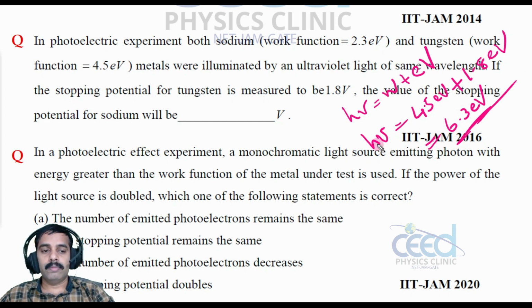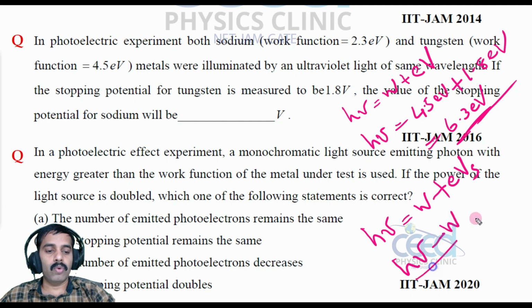Now using this information, we can solve for the stopping potential of sodium. Here also the same light we are using, so h nu is the same, but the work function is different, that is given for sodium, 2.3 electron volt. So h nu is equal to work function plus the stopping potential for sodium, which let me write as eVs, right? So we need to solve this. h nu we have already found, work function is given, all divided by e, that is equal to Vs. This h nu is 6.3 electron volt, the work function of sodium is 2.3 electron volt, and the electronic charge we also have.